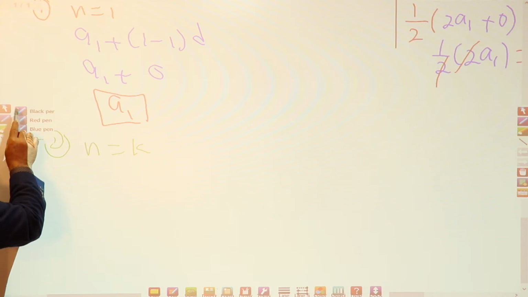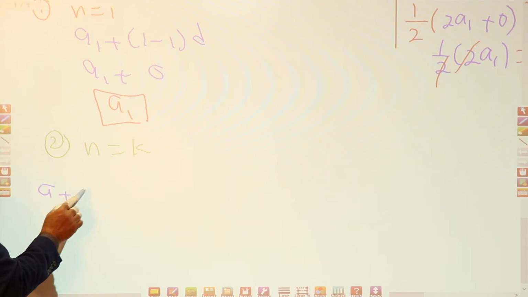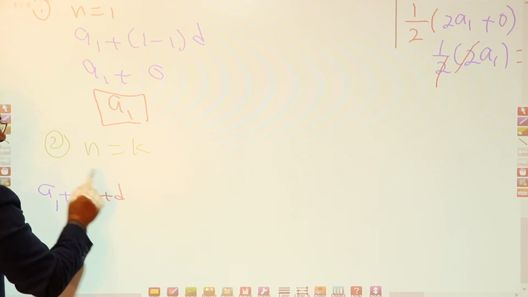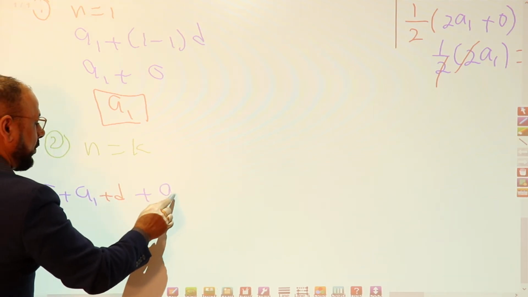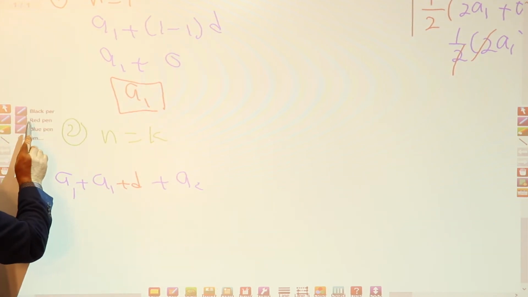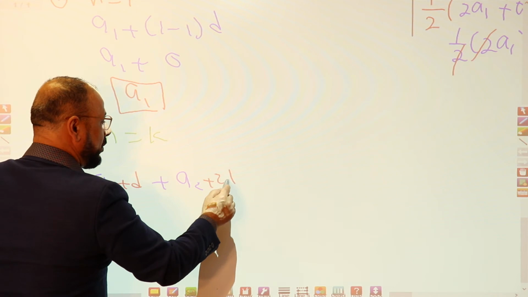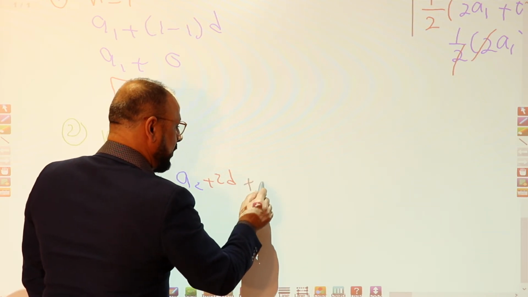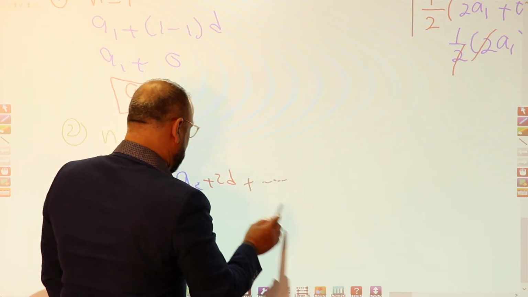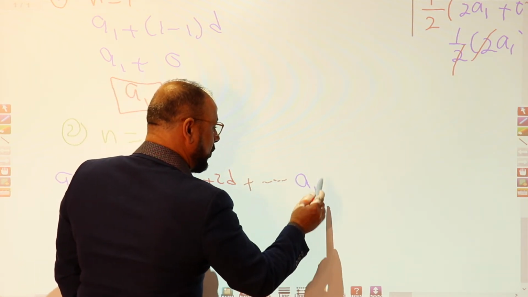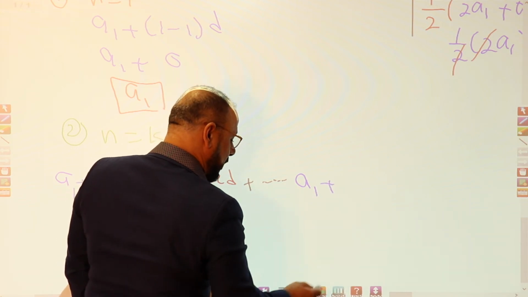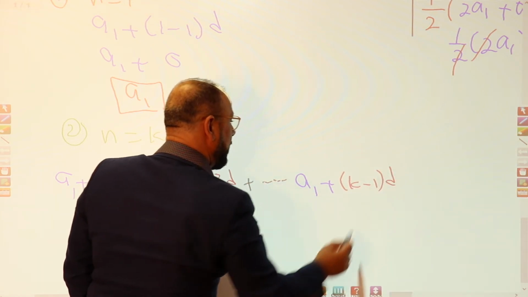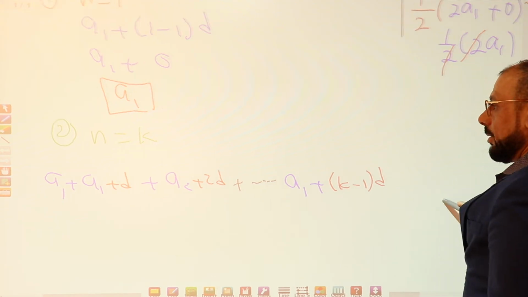Then a1 plus a1 plus d plus, you following me, a1 plus 2d plus, plus, till we reach a1 plus, instead of n minus 1, we're going to have k minus 1 times d. This is the left side.